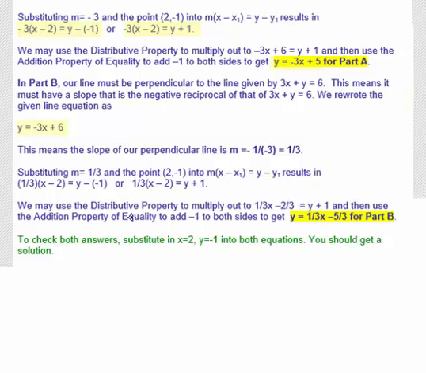So we plug 1/3 and (2, -1) into the point slope form, and we get 1/3 times the quantity (x minus 2) equals y minus a negative 1. And that simplifies to 1/3 times the quantity (x minus 2) equal y plus 1. And we can rewrite that in slope-intercept form as y equals 1/3 x minus 5/3.